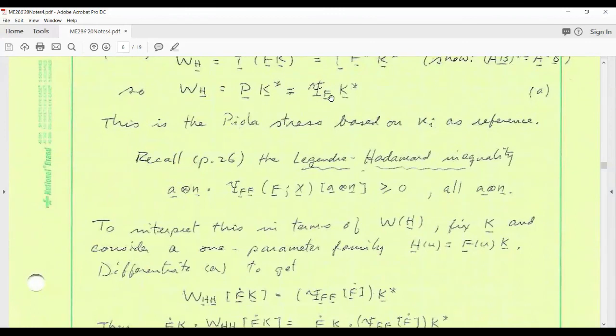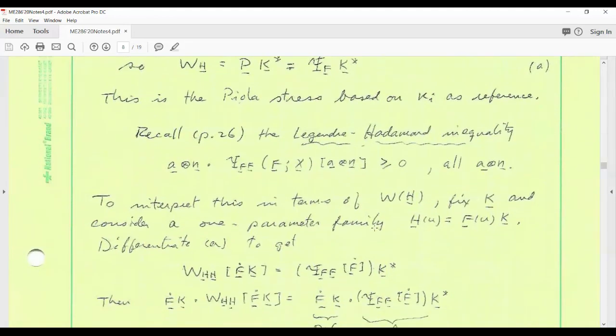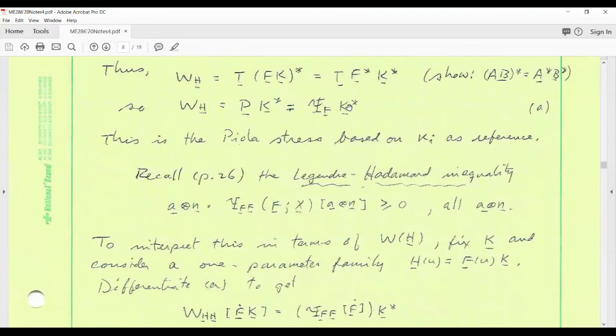So this inequality involves two derivatives of F. Let's see if we can take an H derivative of this at fixed K. So in this discussion, we've fixed K. And let's consider, say, a one-parameter family of H's, H of u equals F of u times K. One-parameter family of F's, K fixed, you get a one-parameter family of H's at fixed K. And then we'll differentiate this equation with respect to the parameter.